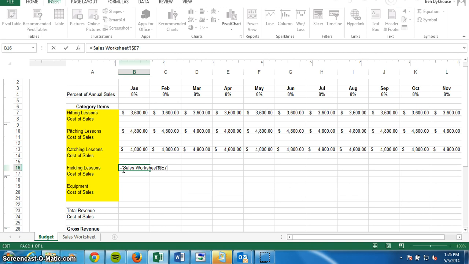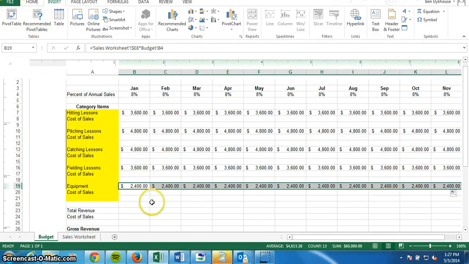It's pulling from the wrong E7. There it is, and I would drag that over just like I did previously. And I'm going to do the same thing for my equipment.